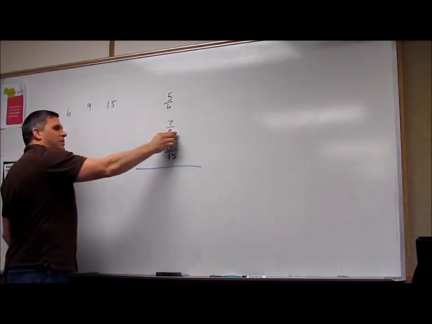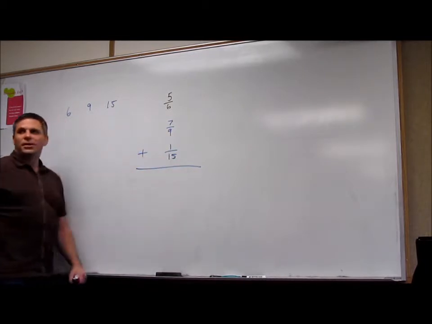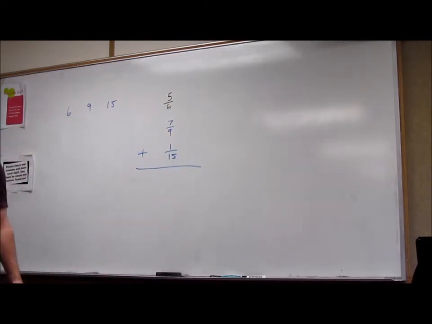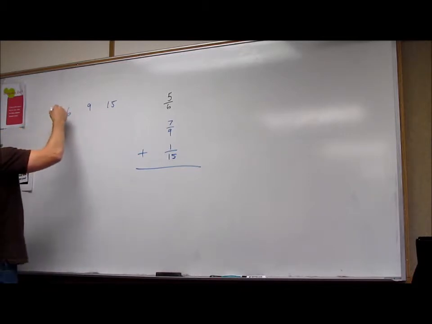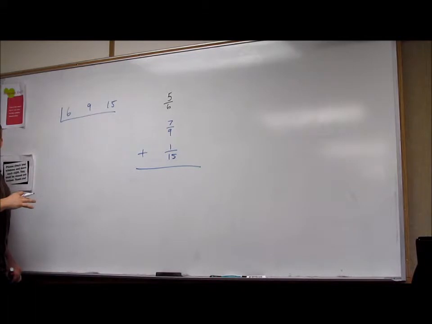The bottom number, the denominator. You can't add fractions without the denominator being the same. So we need to find a way to make these denominators the same. So we manipulate the denominators, and by manipulating the denominators, the numerators will get manipulated also.